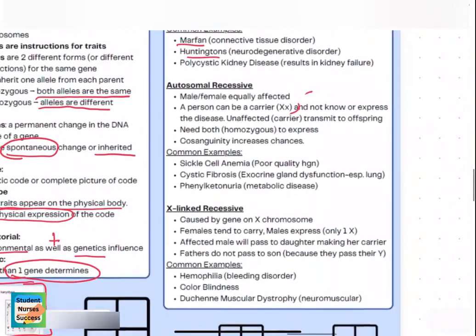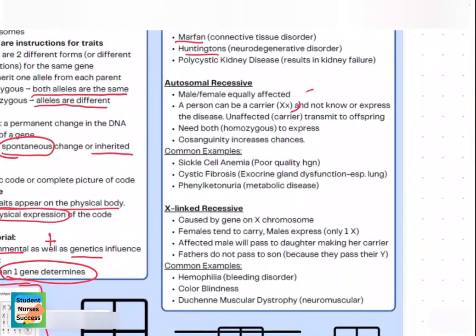Now let's talk about autosomal recessive disorders. With autosomal recessive, we know that you need two genes, or you need to have both, in order to express it. Males and females are equally affected.